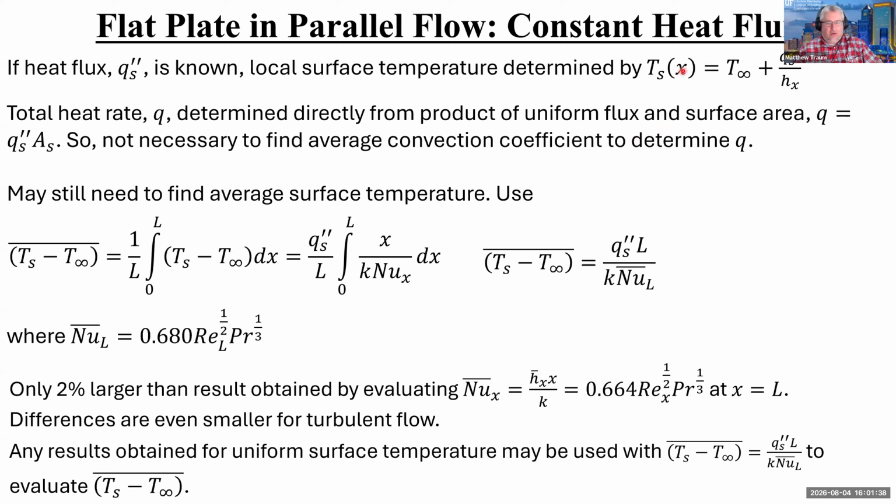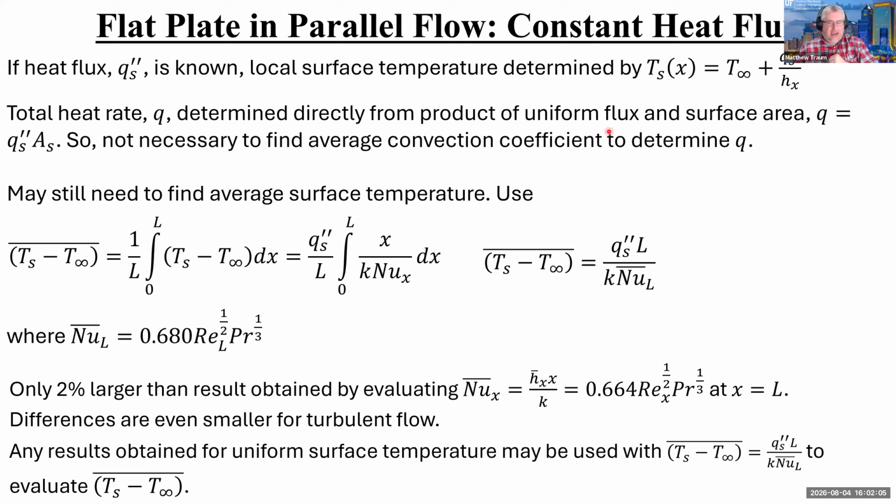You can get the local temperature this way, but how do you get the average temperature, the average Ts minus T infinity for the entire plate? Well, you can do it by using an integration, just like we did before. So I'm going to take 1 over L times the integral from 0 to L, the whole length of the plate, of the temperature difference across the plate times dx.